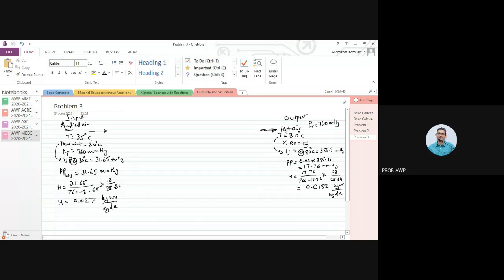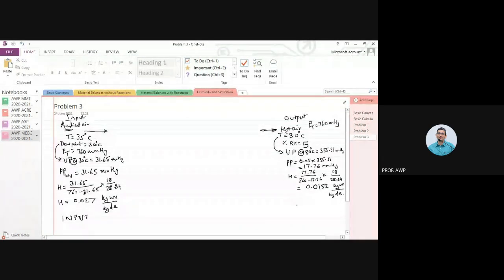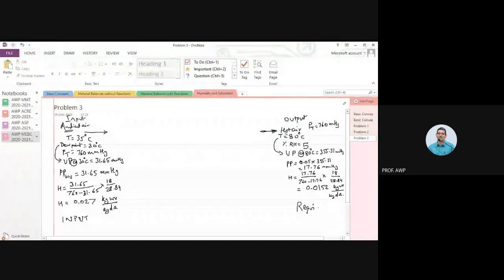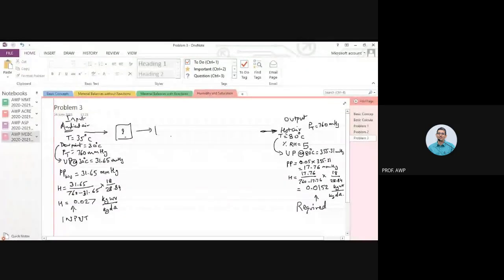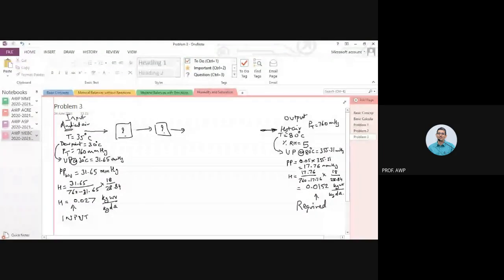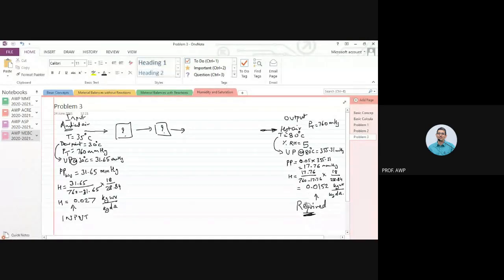No, this is what is input and this is what is required, right? So I have to do something in between to make sure that I get this required humidity. This 0.0152 is my target.